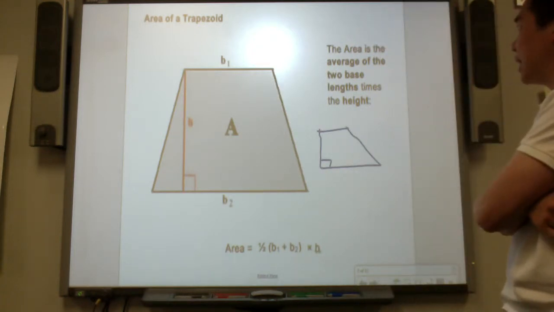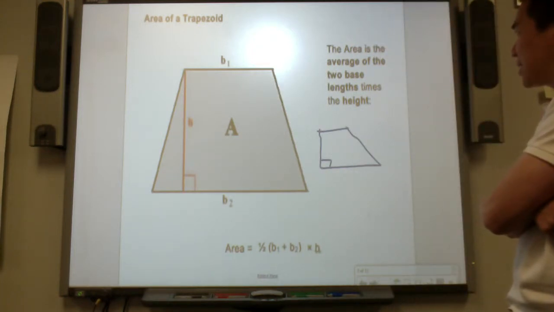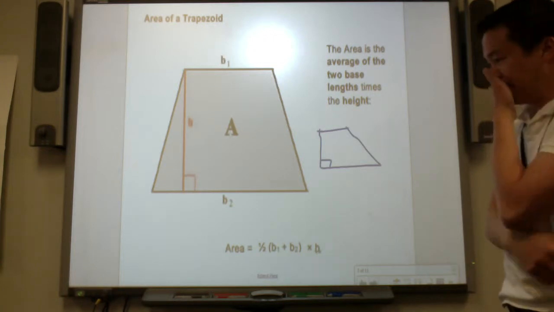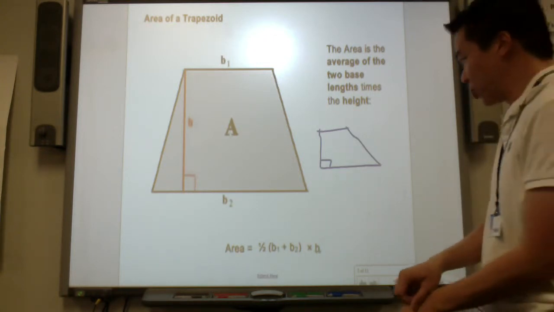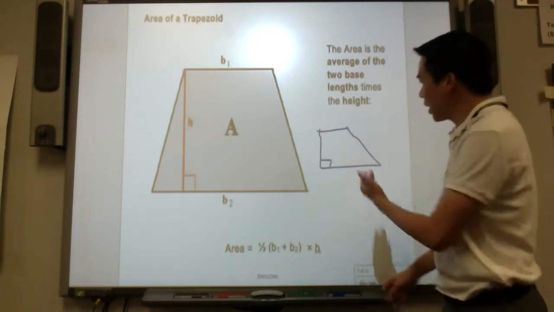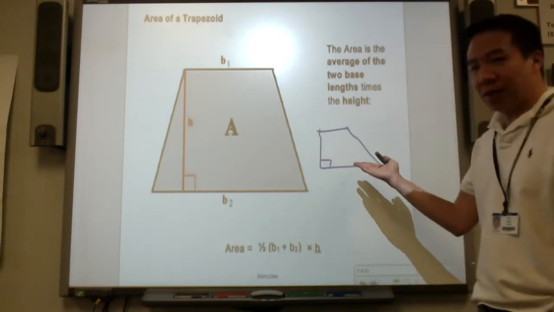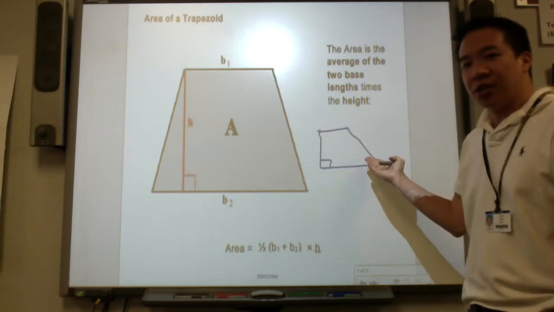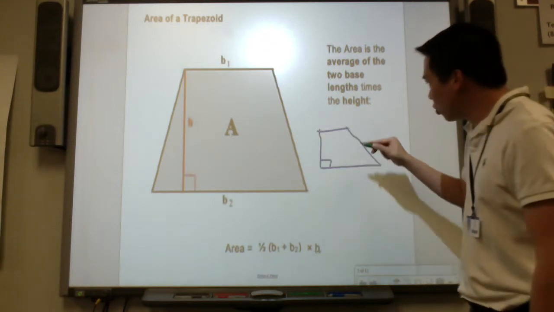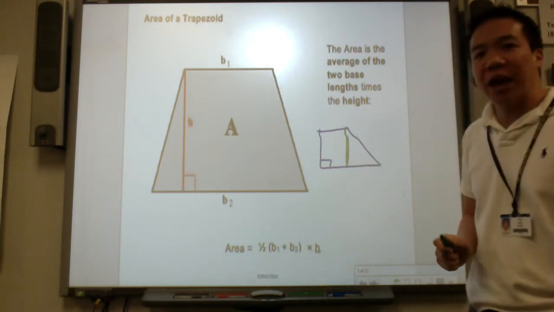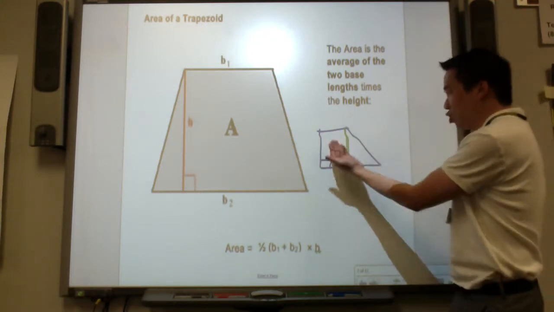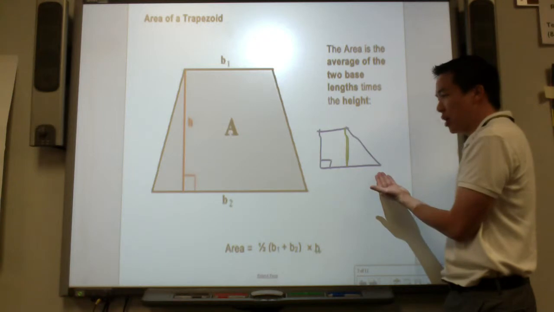So the area is the average of two base lengths times the height. Another way to do it, there's a couple ways you can do it, is this way. Most of the time they do look like this. They could look like this too. But in this one, if it is a right trapezoid, what two shapes make up a right trapezoid? A square or rectangle, and a triangle.